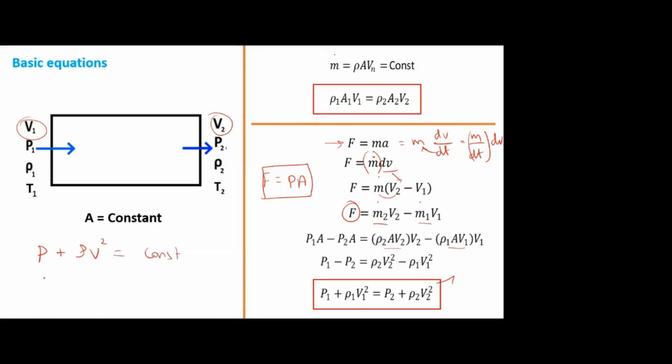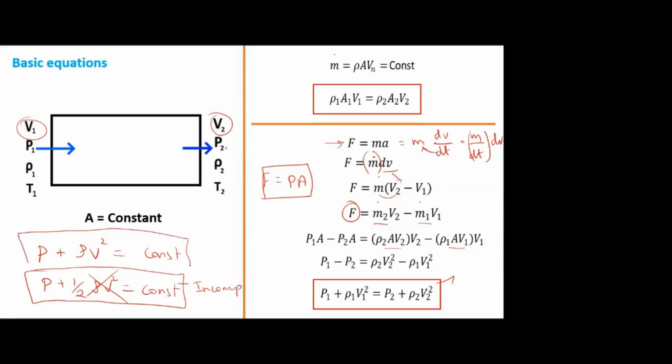And then, last time you studied P plus half rho V square is equal to constant. What is that? This P plus half rho V square is Bernoulli's equation. It is applicable only to incompressible flow. So please forget this Bernoulli. Many times I have seen in your previous section also that they used to confuse Bernoulli and momentum.